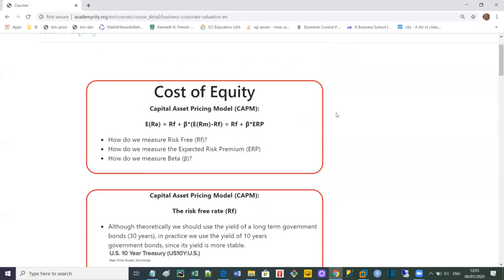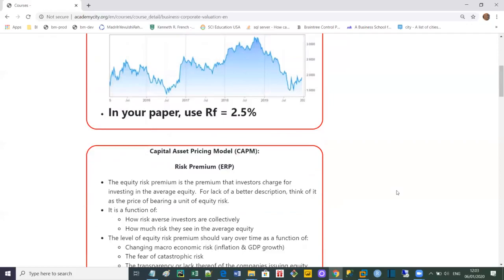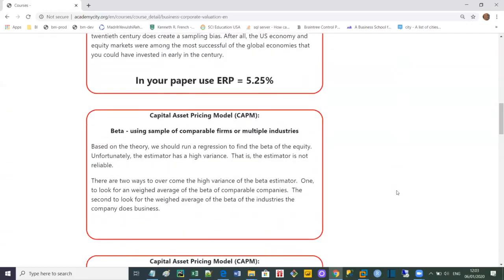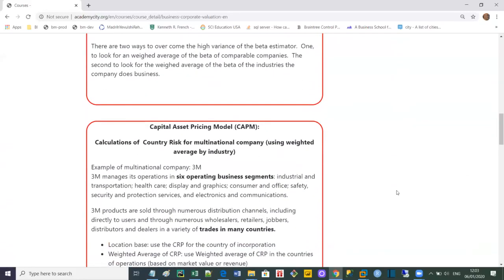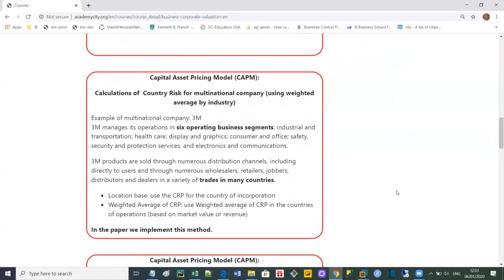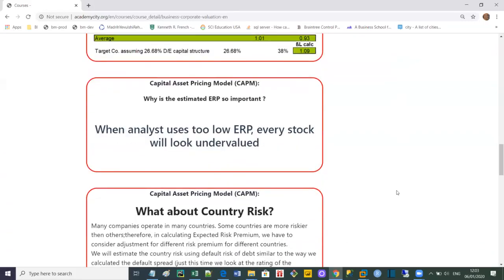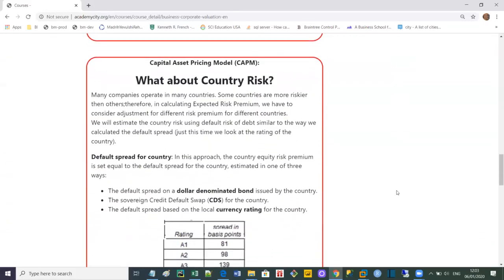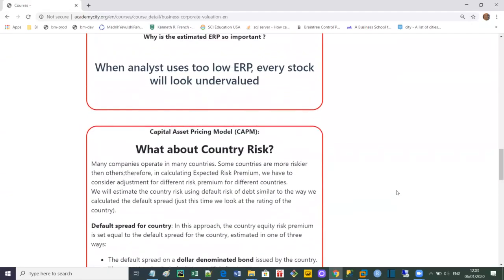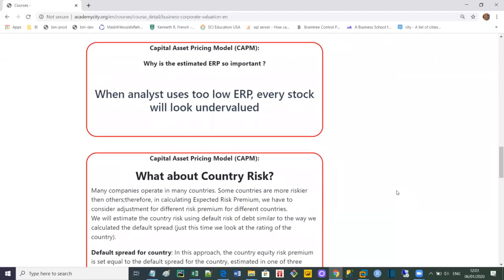Today the world is global. And in a global world, when we have a multinational company, we cannot really ignore the fact that some companies are operating in countries that are much riskier than the US.